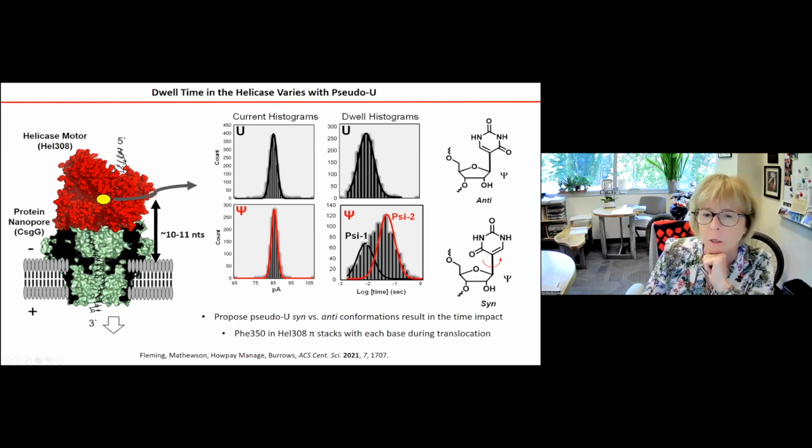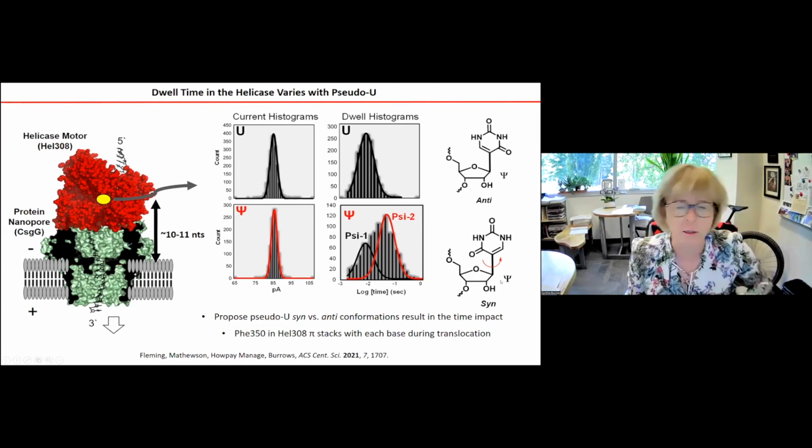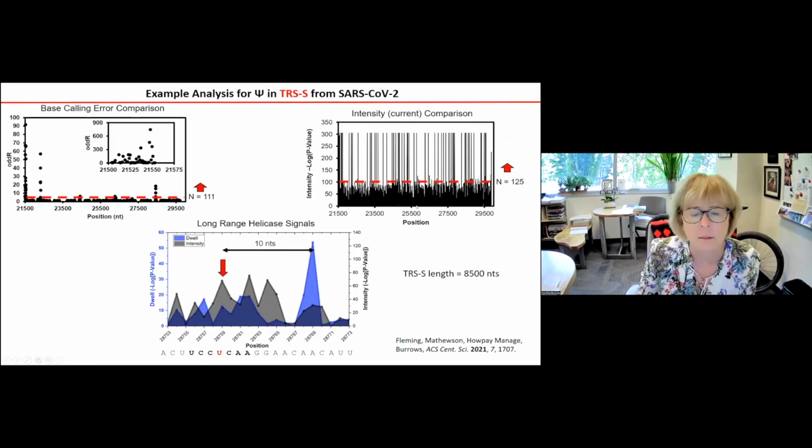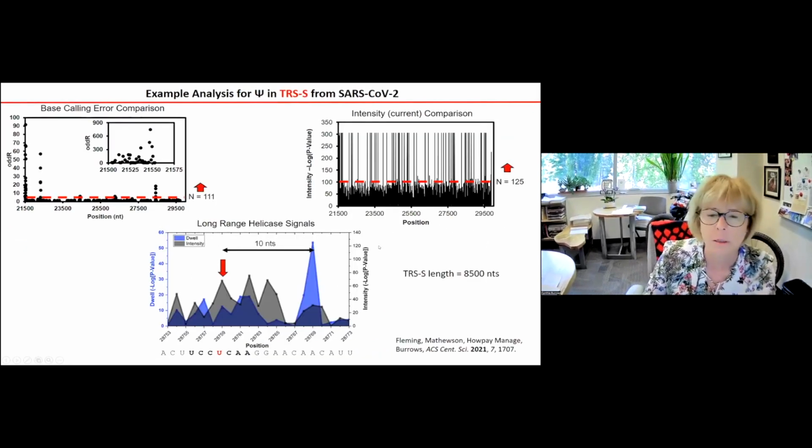We found that with pseudouridine, it was slower to be processed by the helicase. Actually, it was a double Gaussian, as you see here, probably because of the syn and anti orientations possible for pseudouridine. In any case, that slowing of the helicase is something that we could measure.